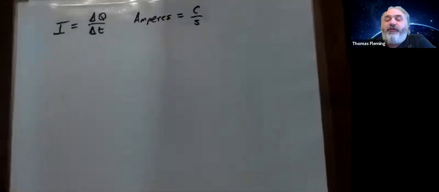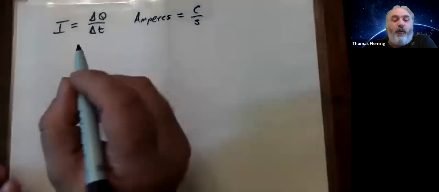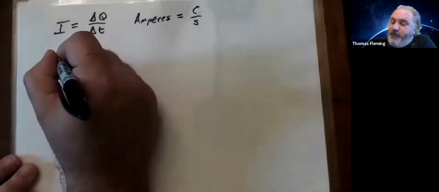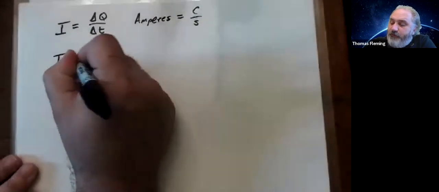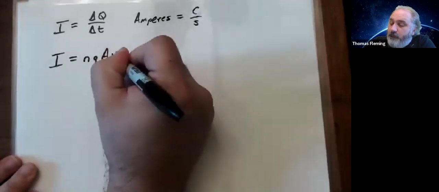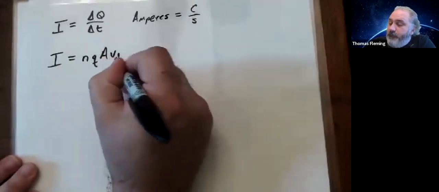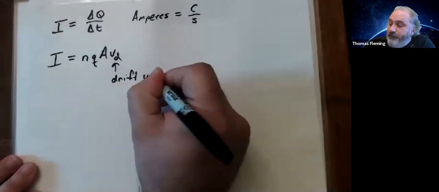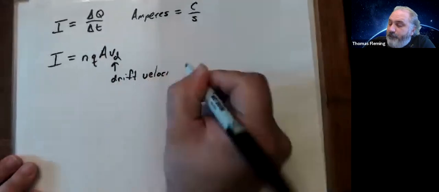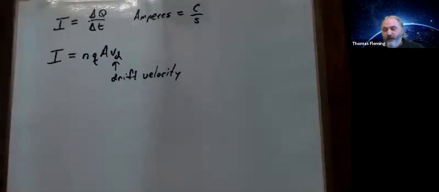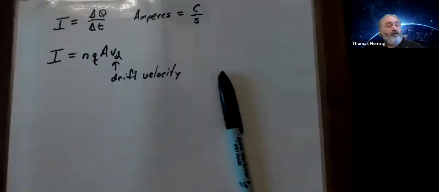And we went through the Drude model of conduction, where we found that if you had a wire, the current was related to something called the drift velocity. The idea is that inside that wire, there is some fraction of the electrons, not all the electrons.